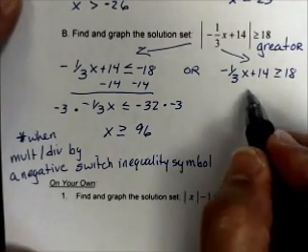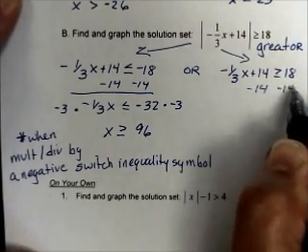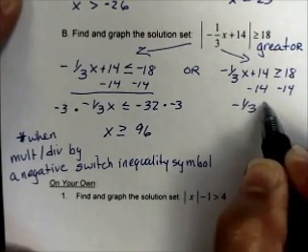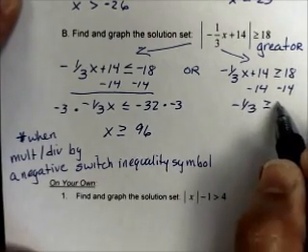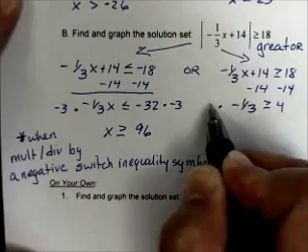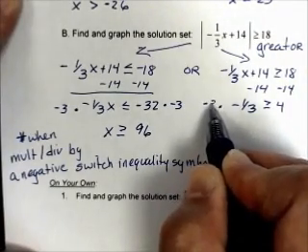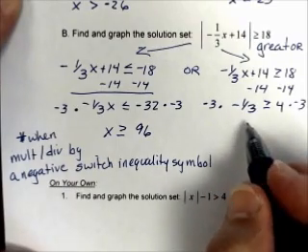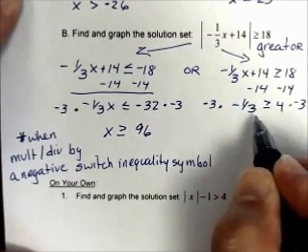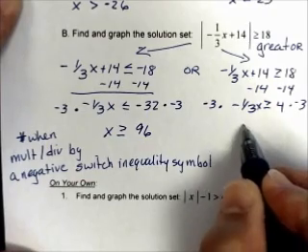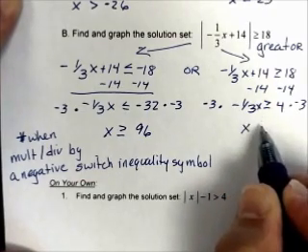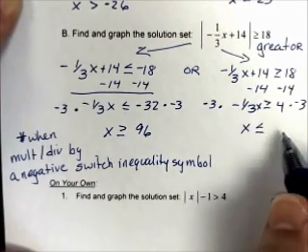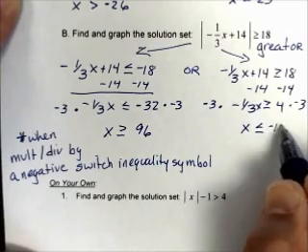Our other inequality, subtracting 14, negative 1/3 x is greater than or equal to 4. And multiplying by the reciprocal, negative 3. We're multiplying by a negative, so we switch, excuse me, I forgot my x. We switch the inequality symbol, and 4 times negative 3 is negative 12.